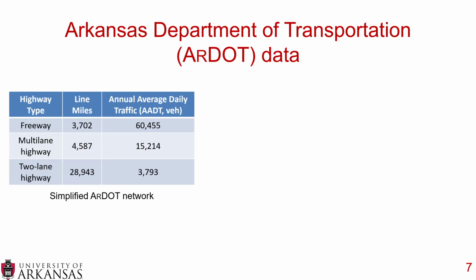But if you look at the traffic, it's an inverse relationship. So freeways by far have the most amount of traffic, and 2-lane highways have by far the least. And this is a very common challenge with agencies. By far the largest number of lane miles tend to have the least amount of traffic. So this is something that's always very interesting to discuss in class and to think about as agencies continue to improve their highway networks.